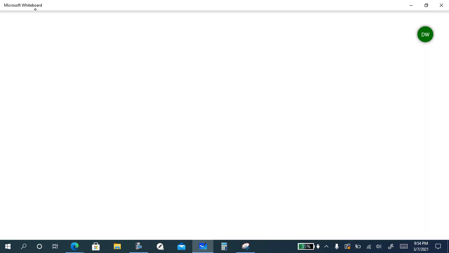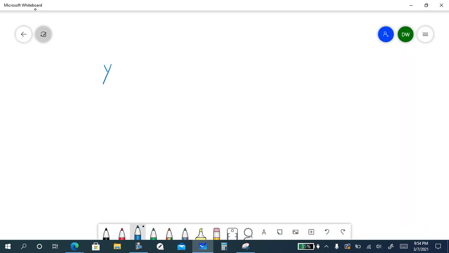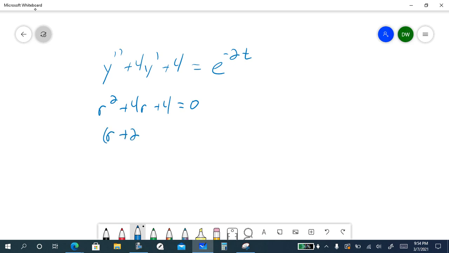If we have one like y double prime plus 4y prime plus 4y equals e to the negative 2t, notice that r squared plus 4r plus 4 equals 0 would be the characteristic equation to our homogeneous. So if we factor that, we would get r plus 2, r plus 2.